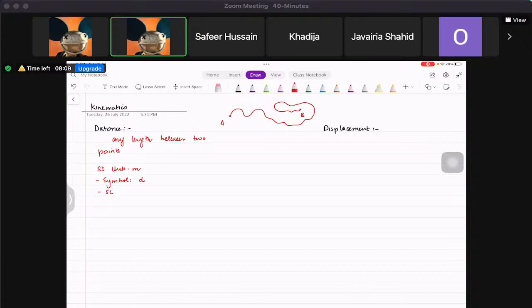Whereas displacement is basically the shortest possible distance between 2 points in a specific direction. Okay.